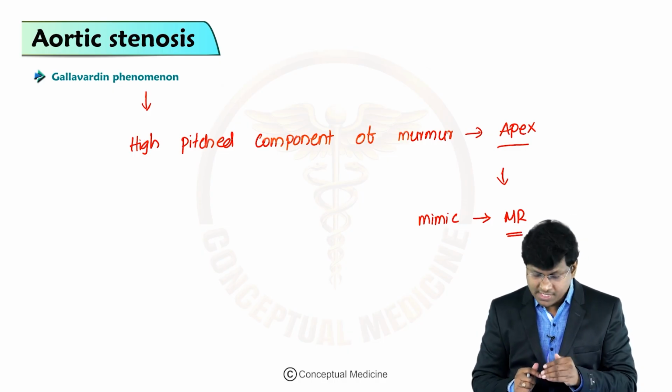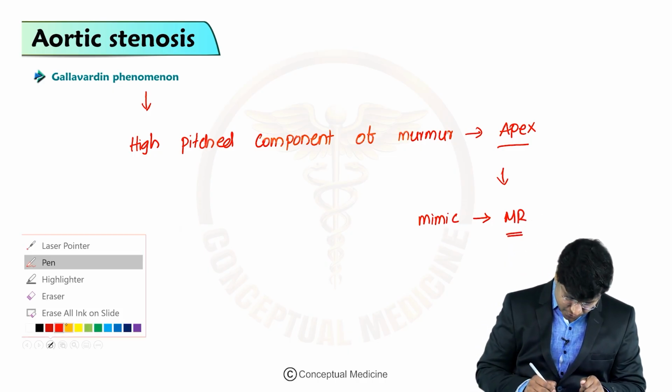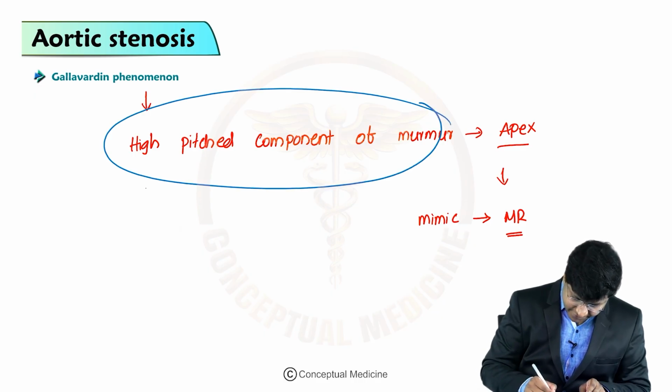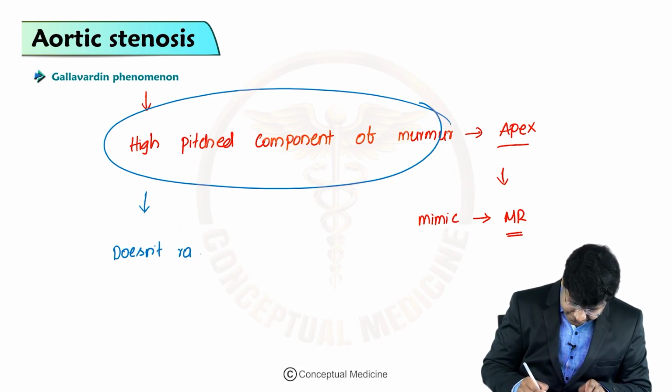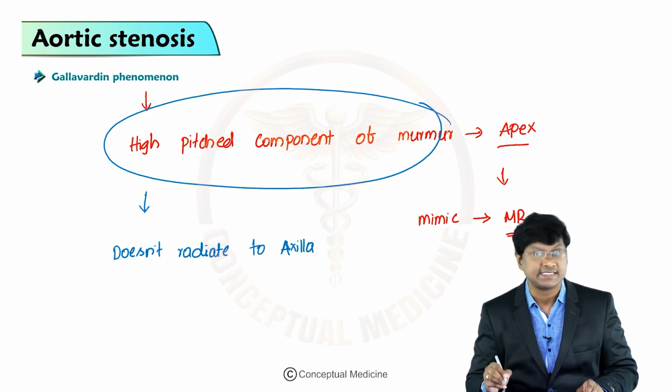Now the question is, how do you differentiate that from mitral regurgitation then? Let me tell you. The murmur of Gallavardin phenomenon does not radiate to the axilla.